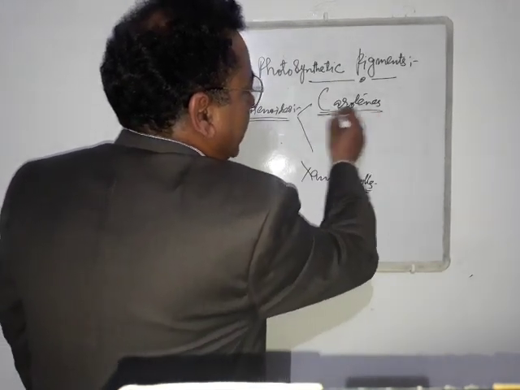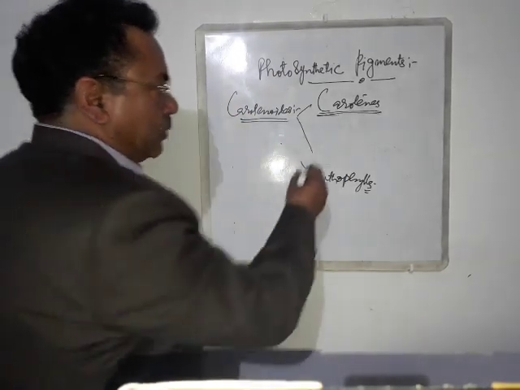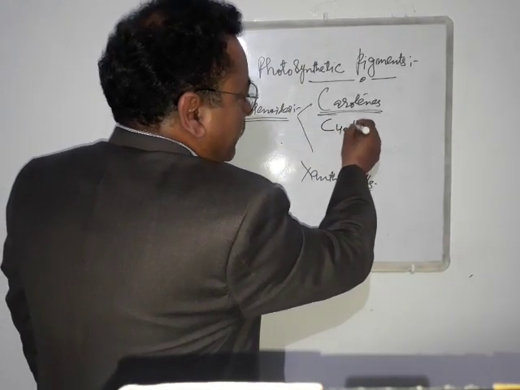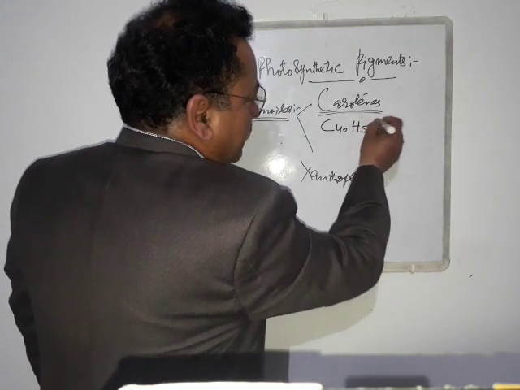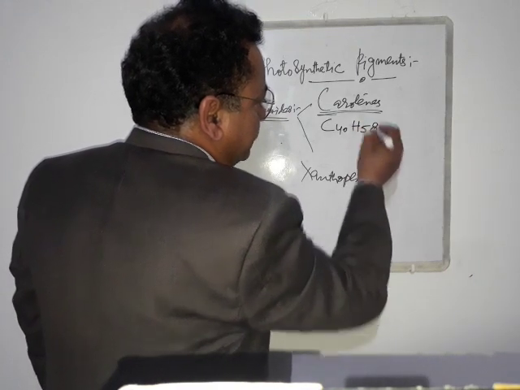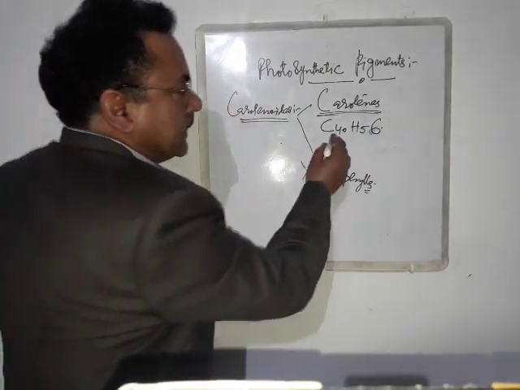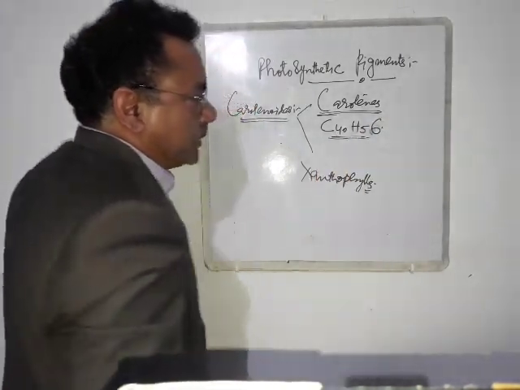First of all, we will take the carotenes. Carotenes have a general formula C40H56. This is the empirical formula for carotenes.